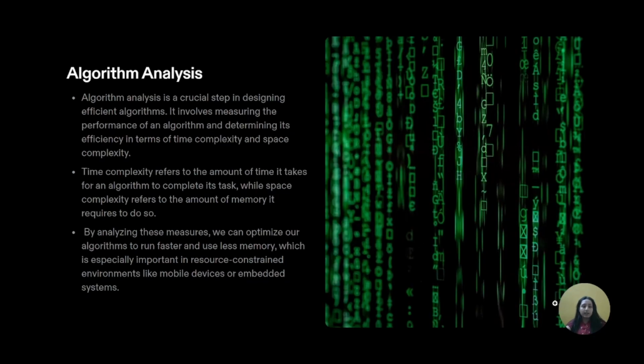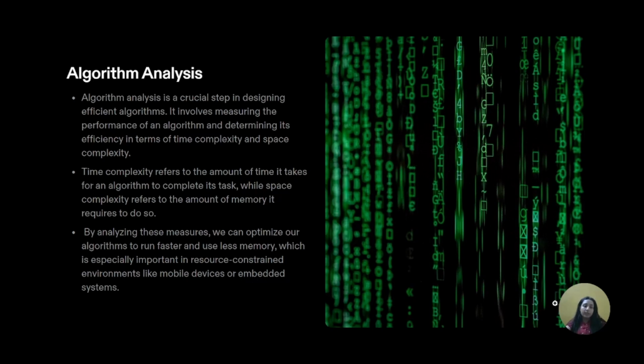Algorithm analysis. Algorithm analysis is a crucial step in designing effective algorithms. It involves measuring the performance of an algorithm and determining its efficiency in terms of time complexity and space complexity.